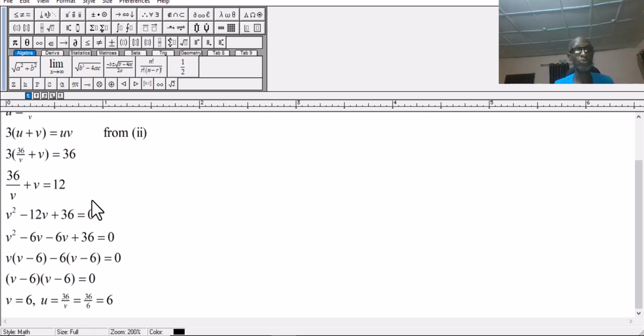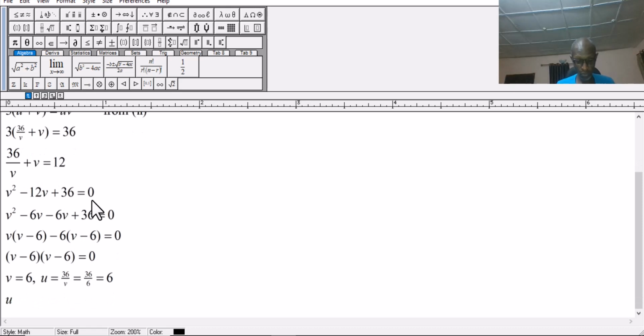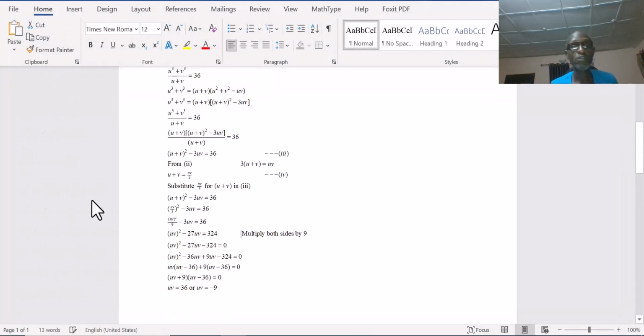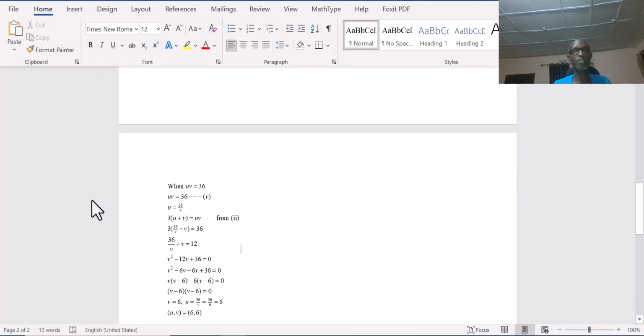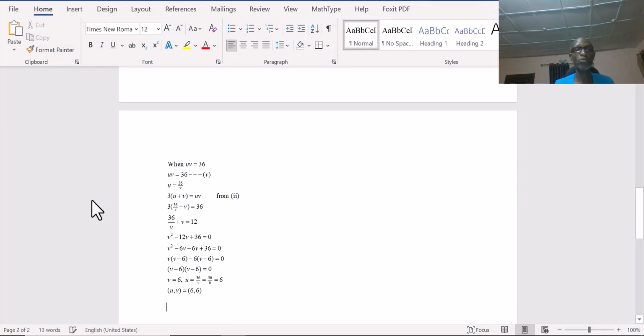So our u, v is equal to 6, 6. So we have done the first one. We have been able to successfully get the first one. So we need to get the second one.